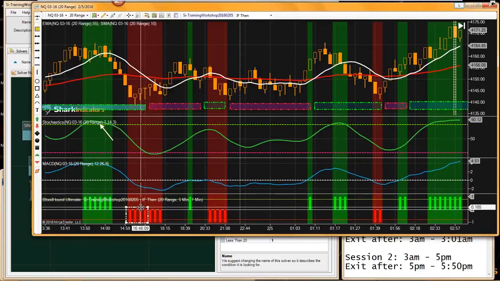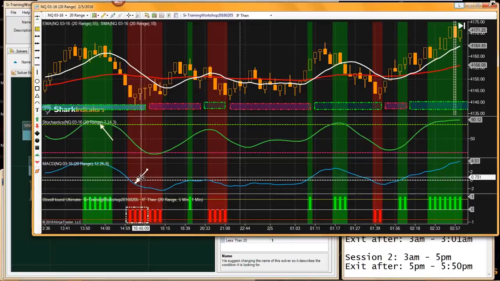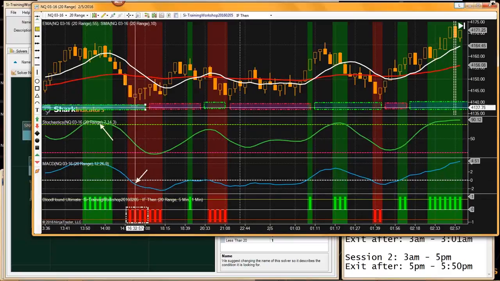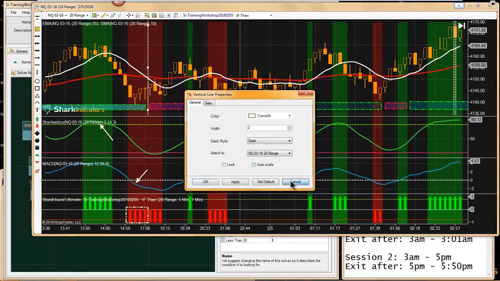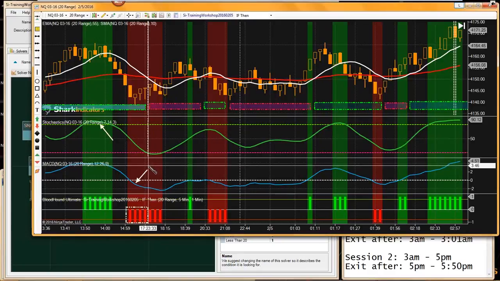Now, this short output from BloodHound is coming from the MACD. So remember, right here, let me draw a little line on here. Let me get some separation lines here.